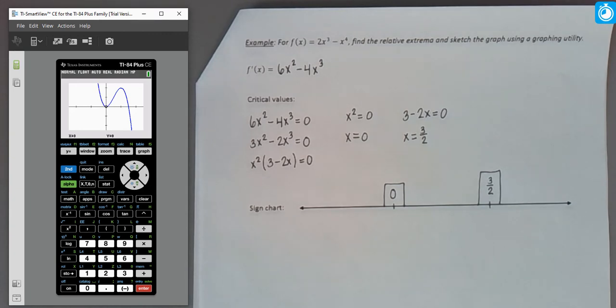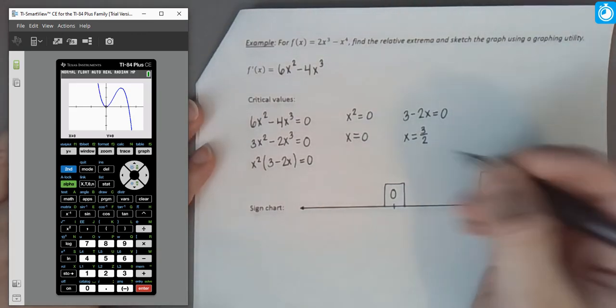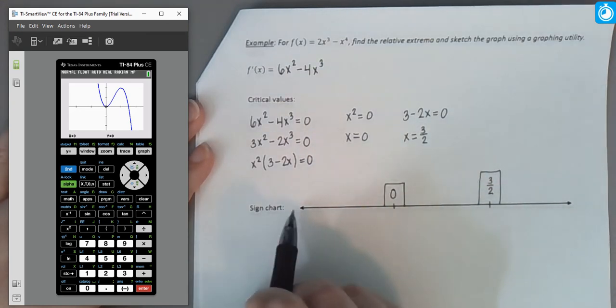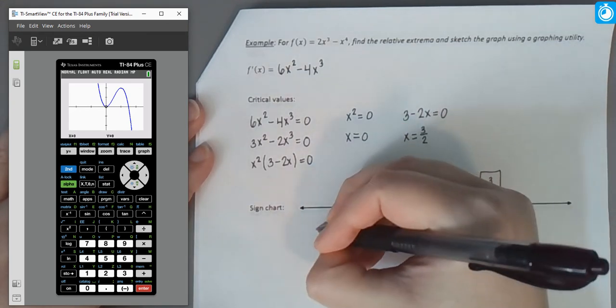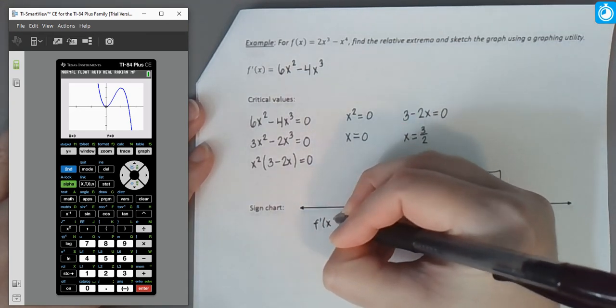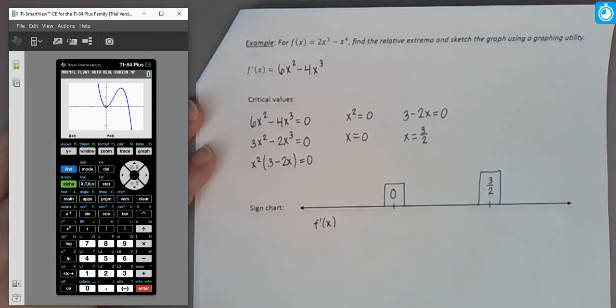So what can we say about x values that are less than 0? Specifically, what can we say about their derivatives? Well, for anything that's less than 0, looking at the graph of the derivative, notice all of the y values, all of the outputs for anything less than 0, those are going to be positive.